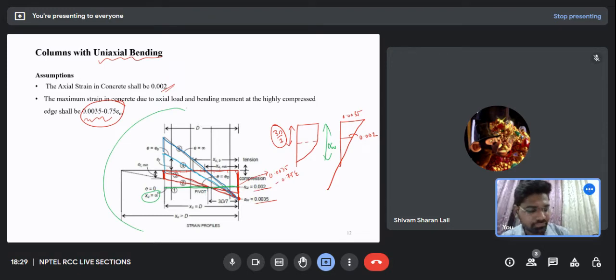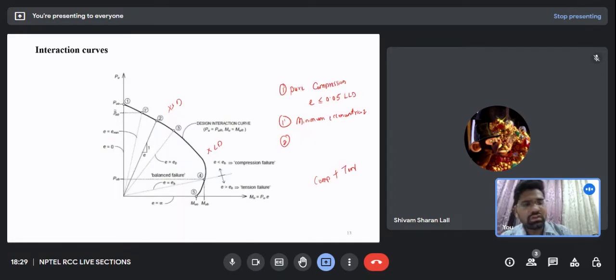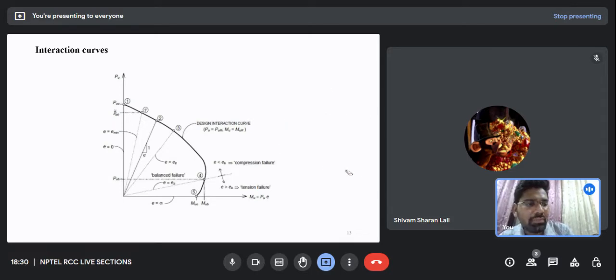I won't be taking the derivation of how the interaction diagrams are derived. Just to make you all familiar with the strain diagrams from where the interaction diagram comes, I showed you this strain distribution diagram.